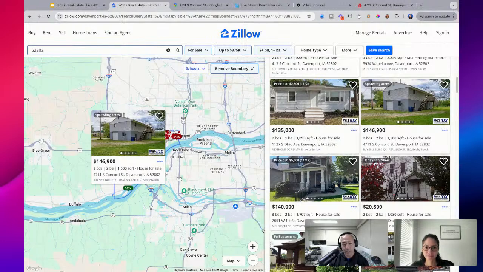That's also why, like we were kind of talking about, it's good to look at multiple properties, even if you're not buying it or even if it's not in your buy box, because you start picking up on little details.